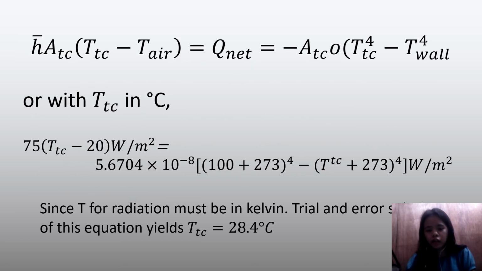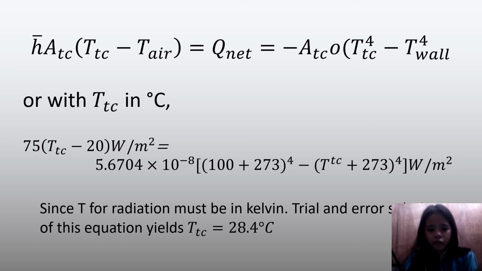So the equation is h A, T_TC minus T_air, minus Q net, which is equal to negative A sigma, T_TC to the 4th minus T_wall to the 4th, with T_TC in Celsius.